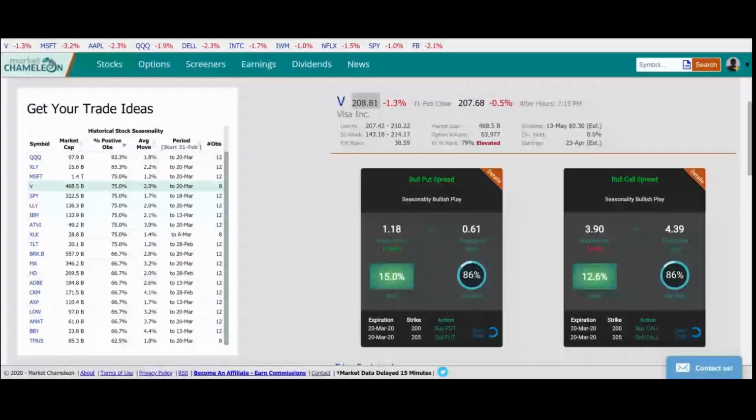So what are you seeing right now? Just the main Market Chameleon with the bull put spread and bull call spread. Hold on a second. That's weird because I thought I even closed that window. Can you? No, you're still only sharing that same thing. Still? Yes. Yeah. You're not sharing anything now.